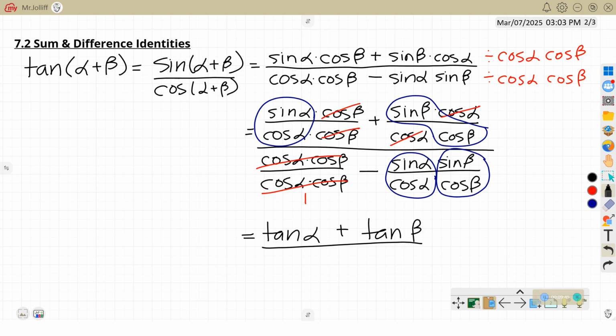On the bottom left, the first fraction became a 1, followed by a minus, and the second fraction has 2 tangents. First circle is tan alpha. Second circle is tan beta. And I would bet my money for the week that that is the formula that they gave you in the video on Wednesday. Tan of alpha plus beta is tan alpha plus tan beta over 1 minus tan alpha tan beta. Minus, sorry.